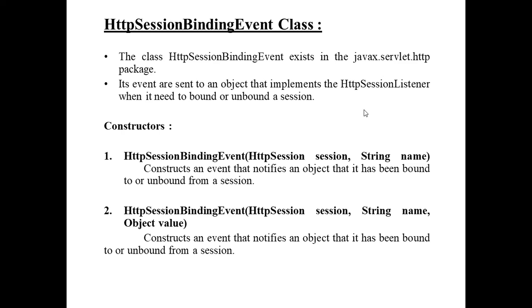This constructs an event that notifies an object that it has been bound or unbound from a session. So the HttpSessionBindingEvent simply gets the information about the bound or unbound HttpSession. These two are the constructors of the HttpSessionBindingEvent class.